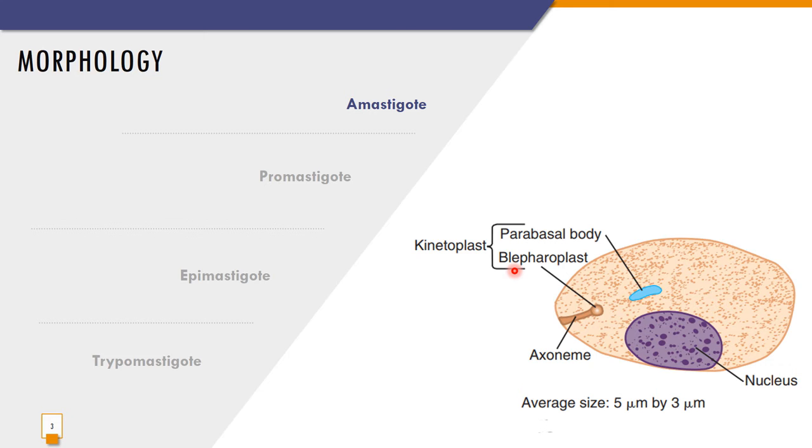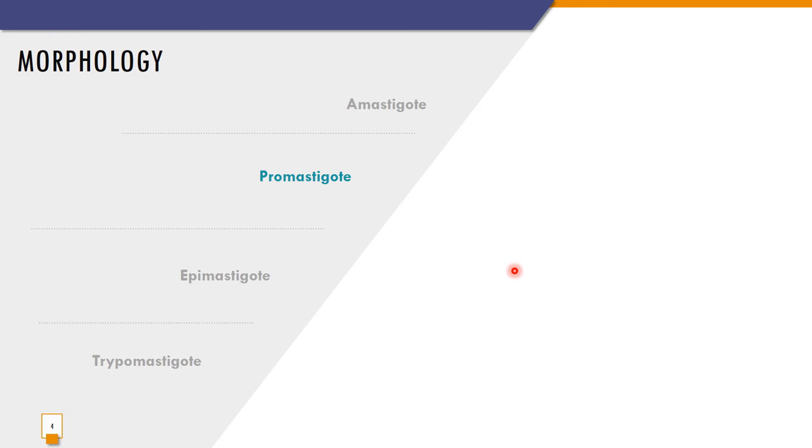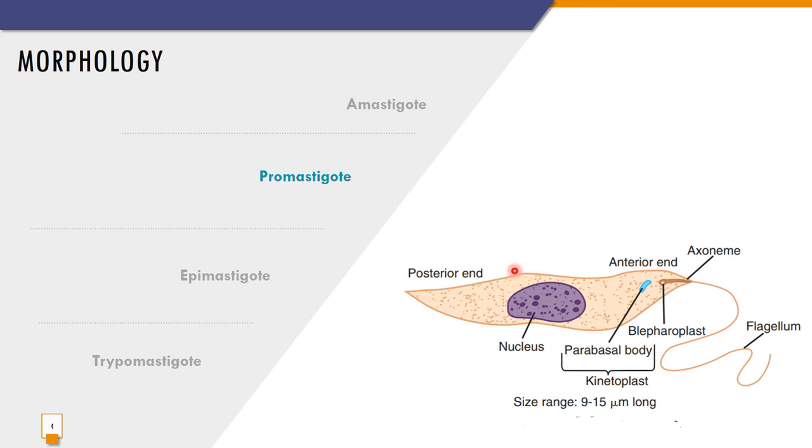Okay. Next, we have the promastigote. The typical promastigote measures 9 to 15 micrometers in length. The large single nucleus is located in or near the center of the long slender body. The kinetoplast is located in the anterior end of the organism. A single free flagellum extends anteriorly from the axoneme.